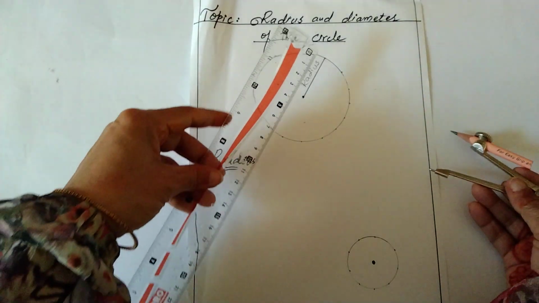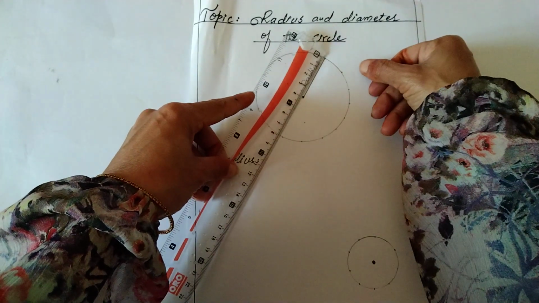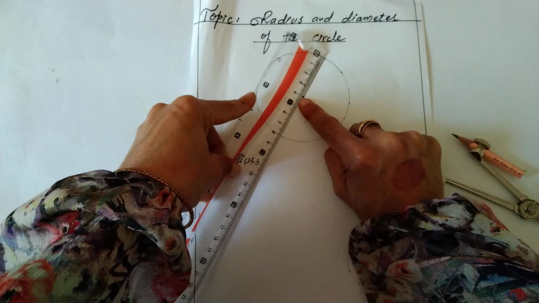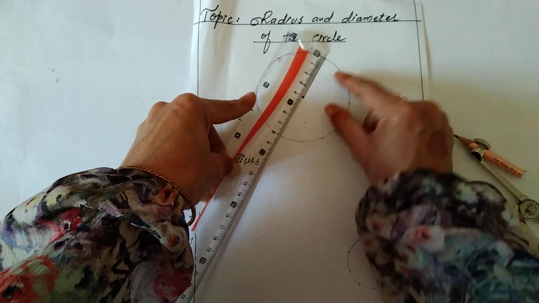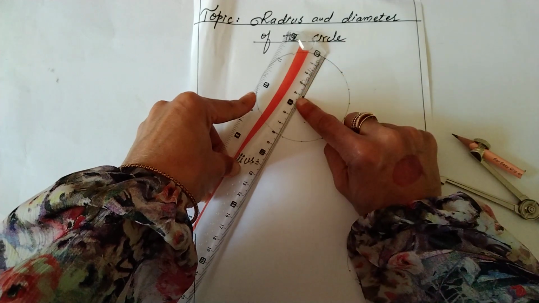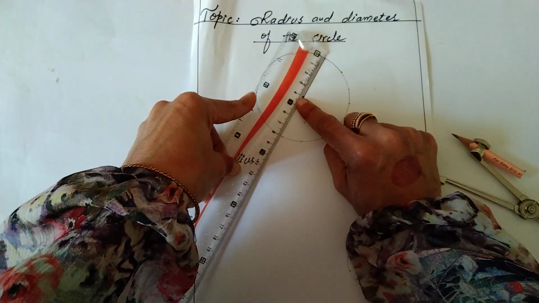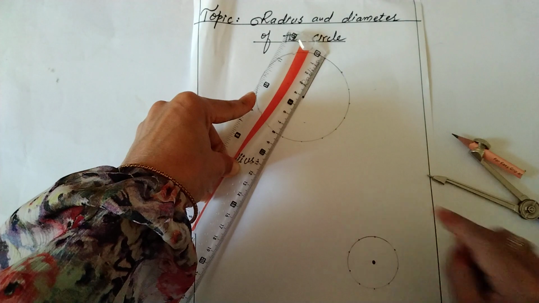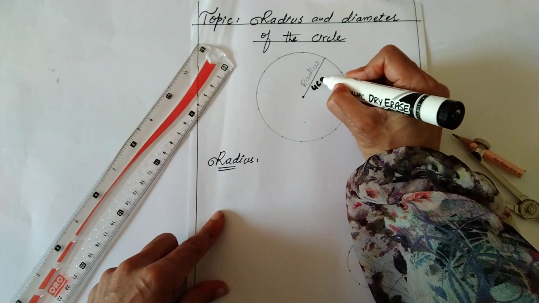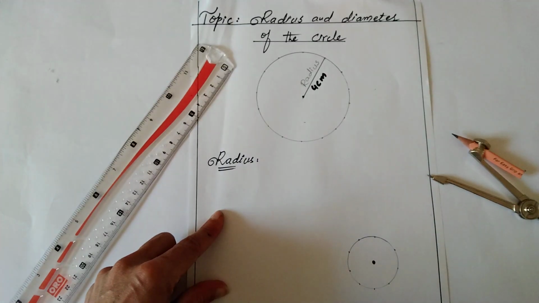You can also measure it directly. Put the 0 at the point and then check that the center is at the 4. That's why the length of this line segment is equal to 4 centimeters, and the radius of the circle is 4 centimeters.